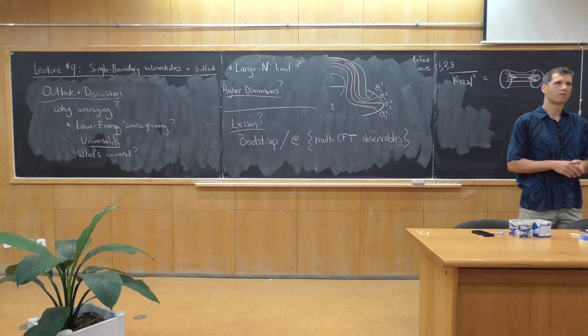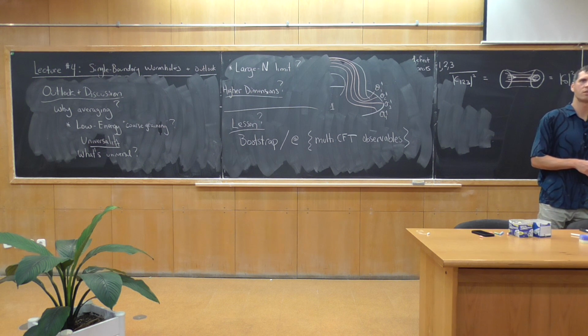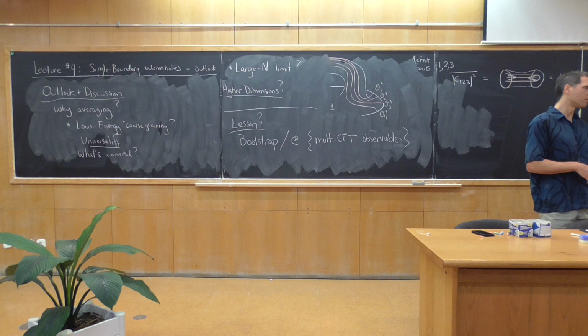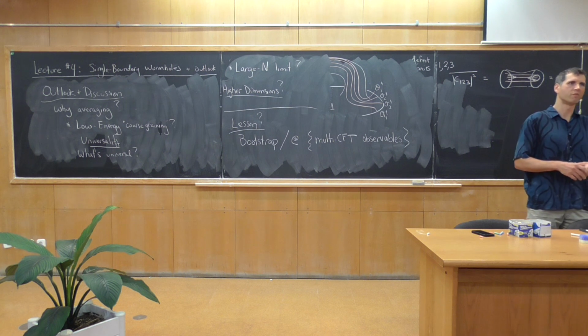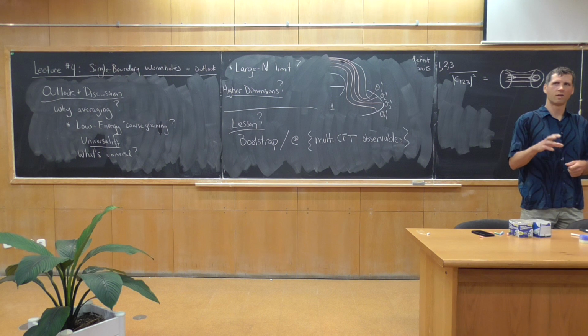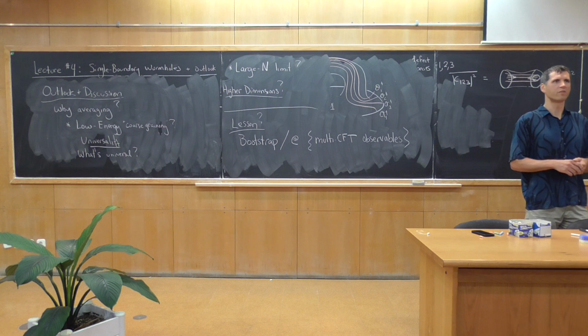But the proton is light, so I guess it's a different calculation. Well, for the proton, you would need to insert enough operators to make a black hole. So you would have to look at something like the million-point function of the proton in order to make a black hole, and it would be the entropy of that black hole showing up there. You wouldn't see it if you looked at the 4-point function.